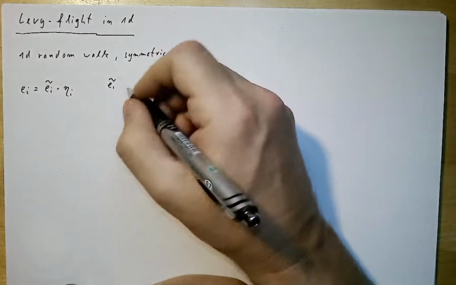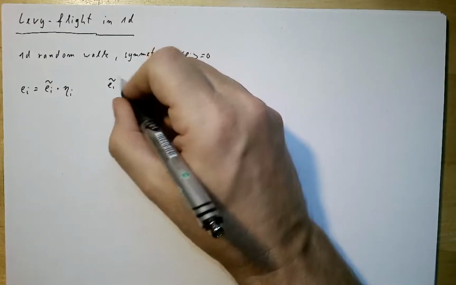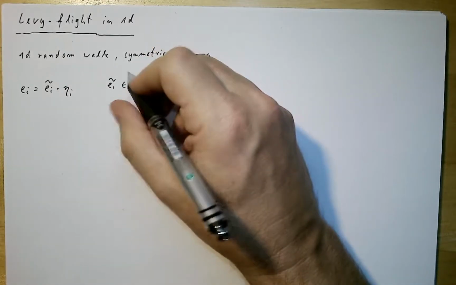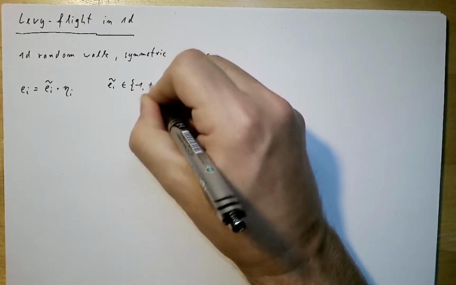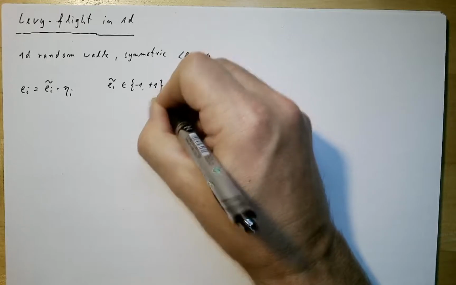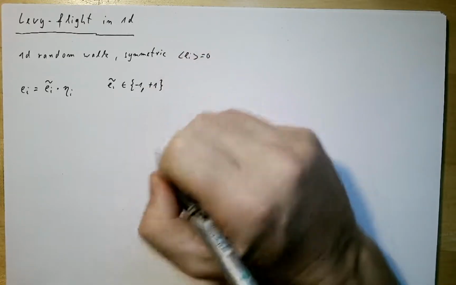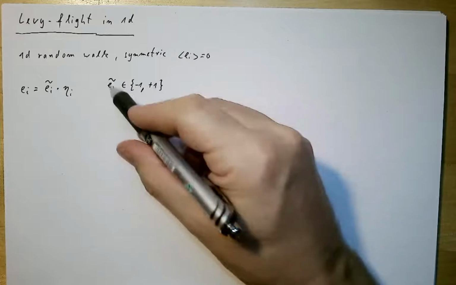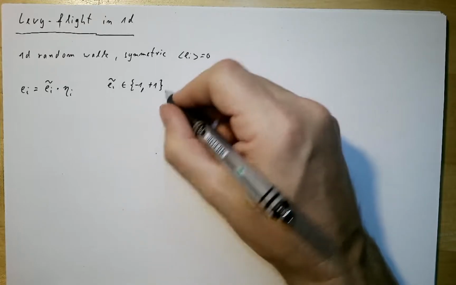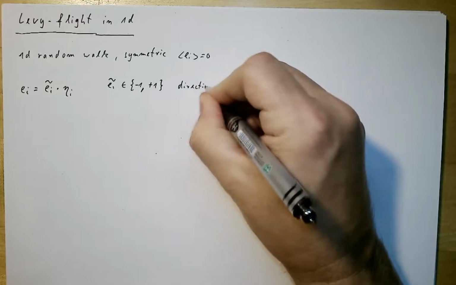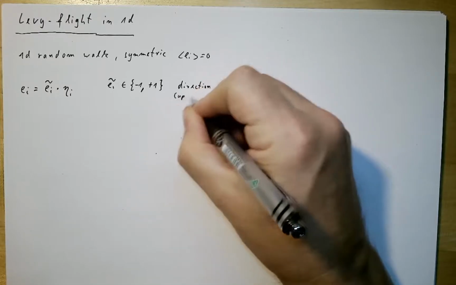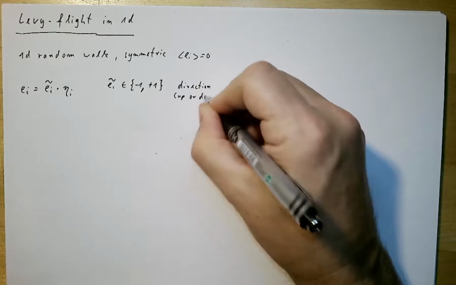So that's just our normal diffusive thing. We have increments e_i tilde with -1, +1 with equal probability, and basically these increments should give us a direction, basically up or down.